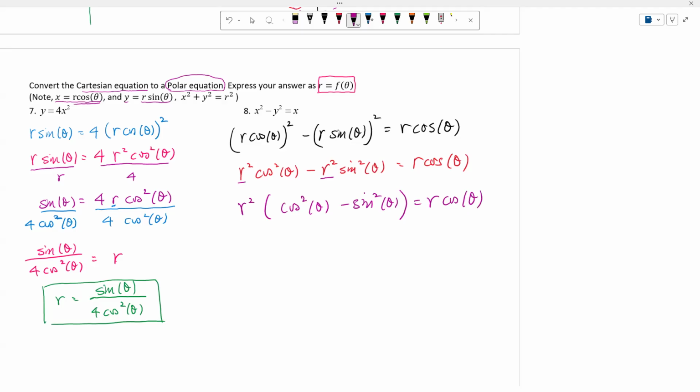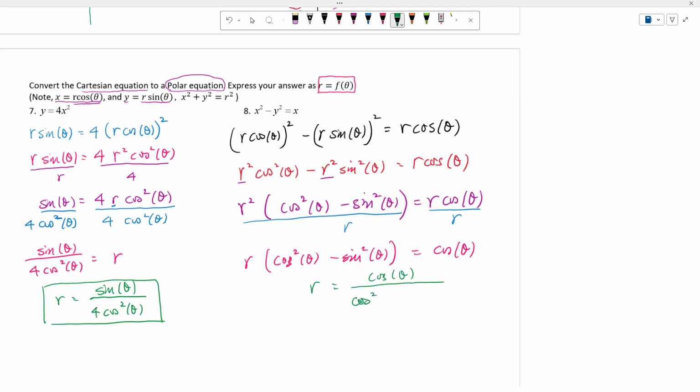And then now we can divide both sides by r. Then I have r times cosine square theta minus sine square theta equal to cosine of theta, and r equal to cosine of theta divided by cosine square theta minus sine square theta.